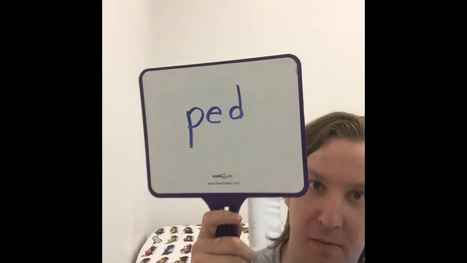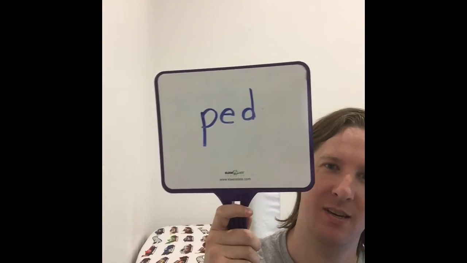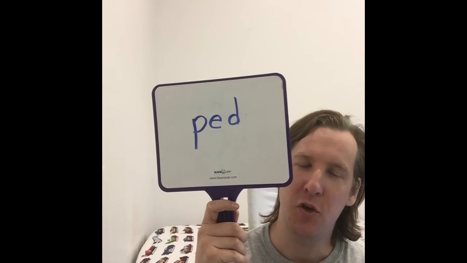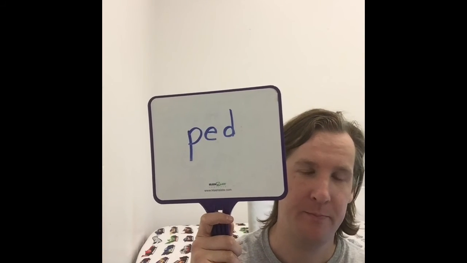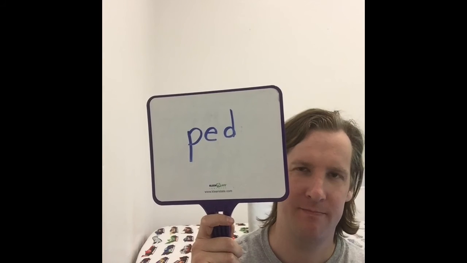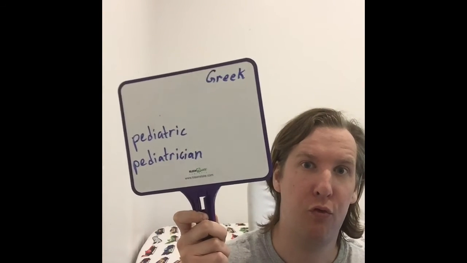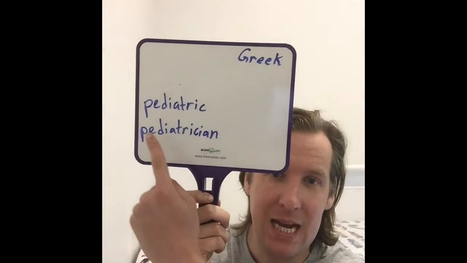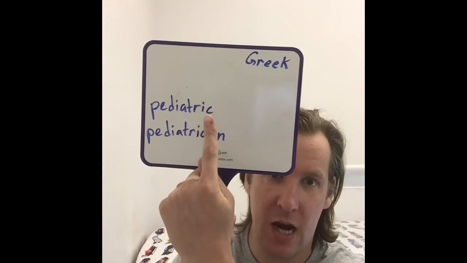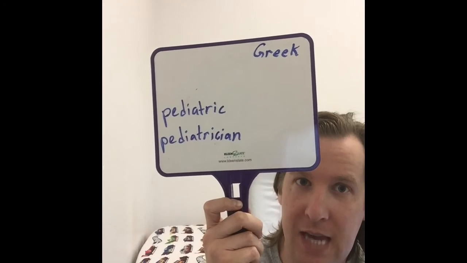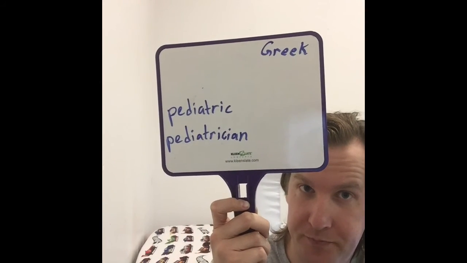The last morpheme for the week is ped. Ped is also Greek. And 2 words that come to mind for me have to do with doctors. For example, a pediatric section of a hospital always has to do with kids, children.